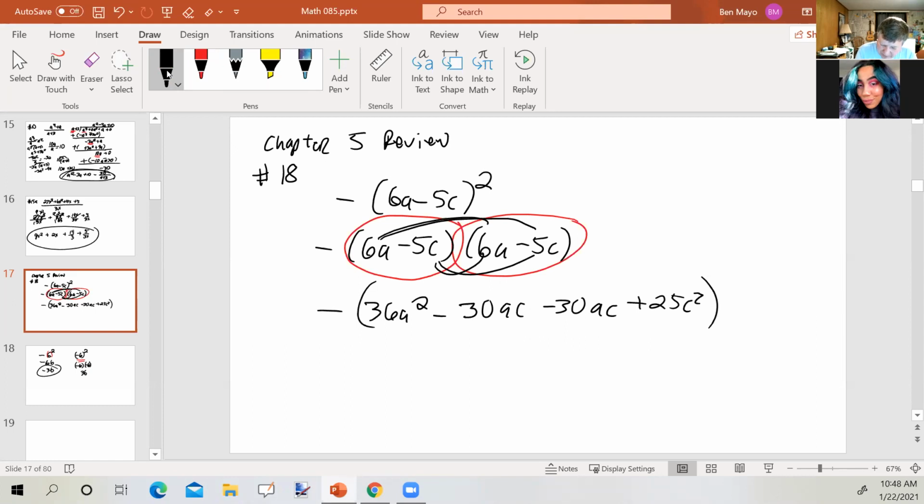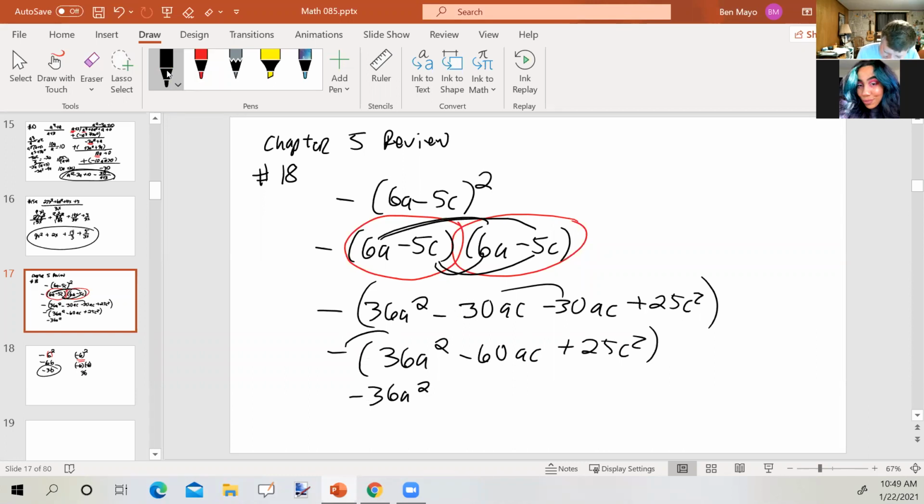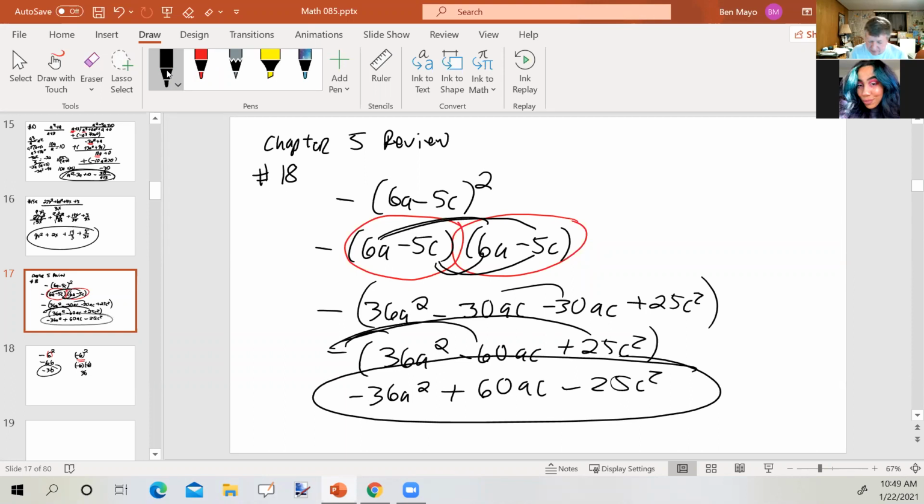And all of that still has that negative sign in front. But this is 36a squared minus 60ac plus 25c squared. Again, now we're going to apply the negative sign. So we're going to get negative 36a squared plus 60ac minus 25c squared. And there's the final answer.